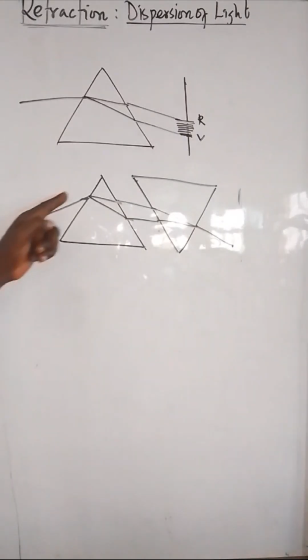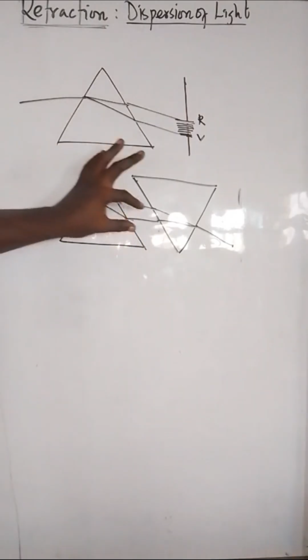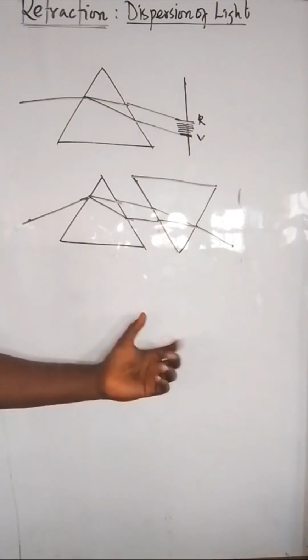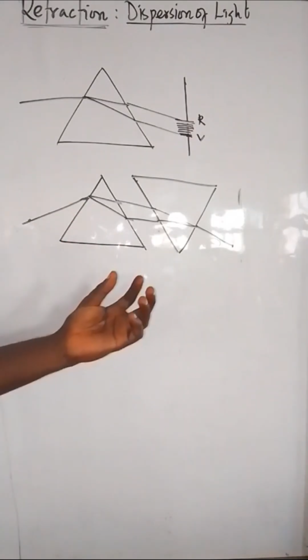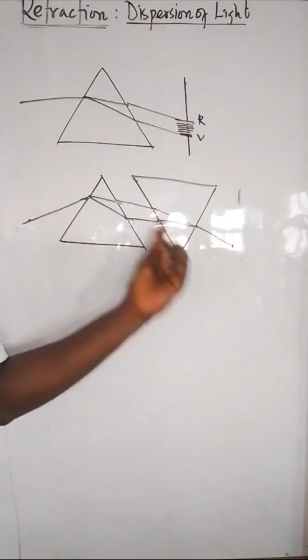So when white light gets here, it disperses into a spectrum. And when the spectrum gets here, they recombine to form white light. So that's when it was discovered that this light has components which were called the spectrum, and they can recombine to form the white light back.